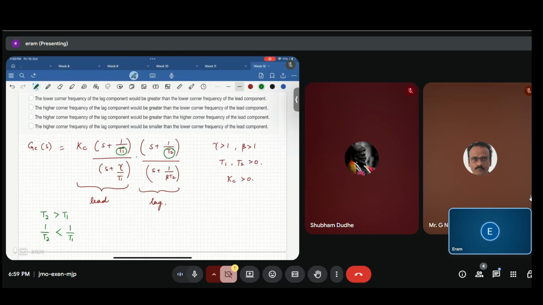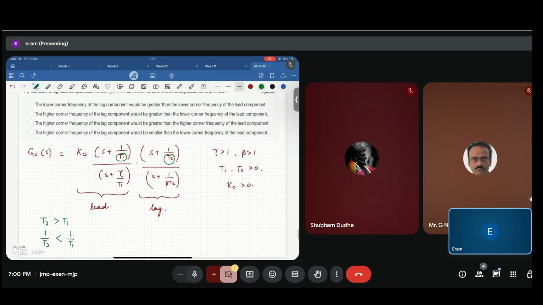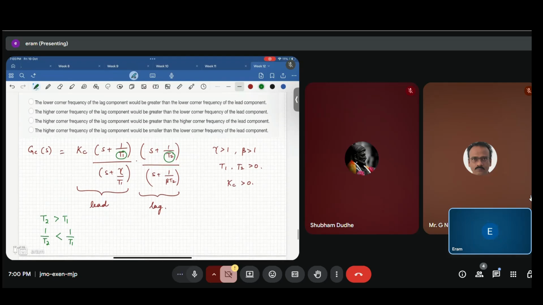Okay, are you able to figure it out? Let's see.